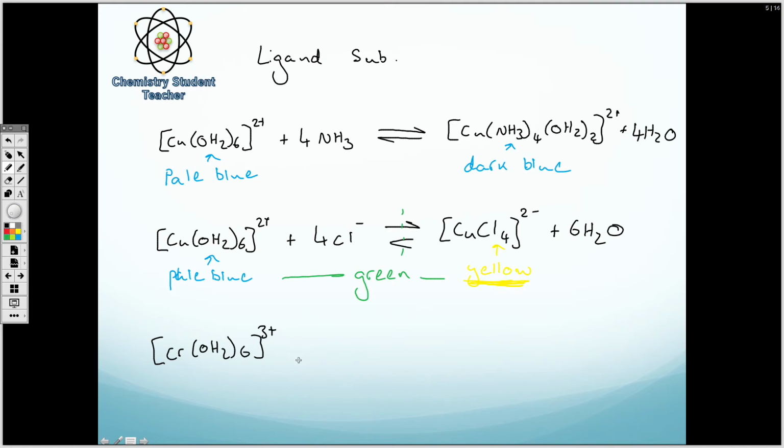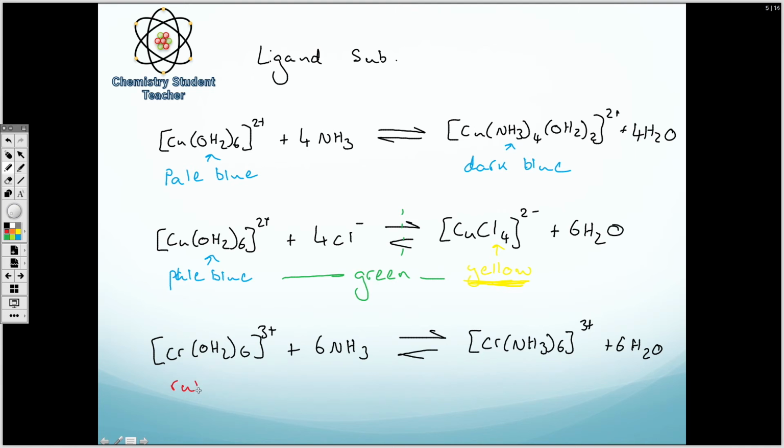So now we're going to have a different complex, hexa-aqua chromium 3+. We're going to react that with 6 NH3, again in equilibrium, and we get hexaamine chromium 3+ complex. 6 water molecules kicked out. We just got to balance that equation there. So what's the colours of these?